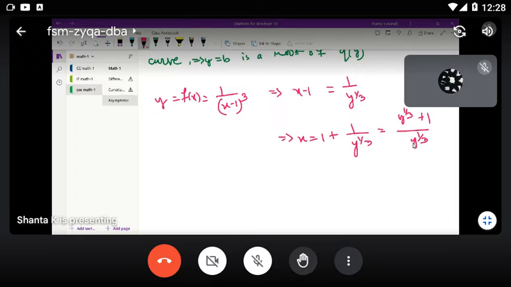Directly from the equation you can say y equals 0, that is, the x-axis, is the horizontal asymptote here.